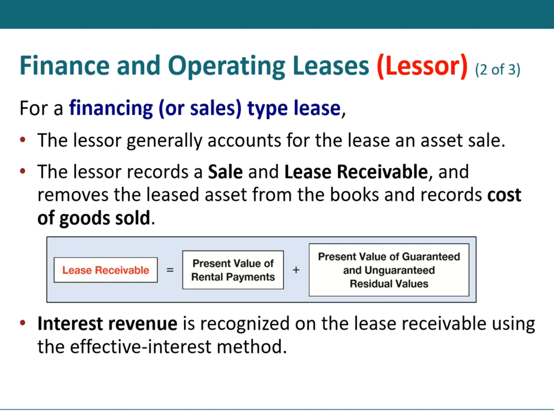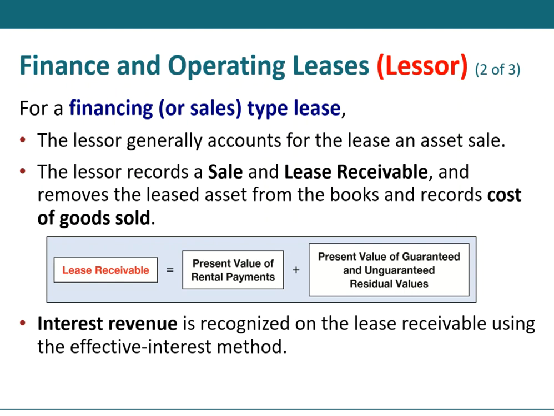Again, for a financing or sales type lease, the lessee generally accounts for the lease as an asset sale. The lessor records a sale and a lease receivable and removes the leased assets from its books and records cost of goods sold. This is like the typical entry we would have for making a sale in any environment.